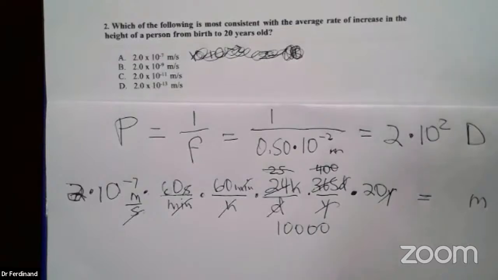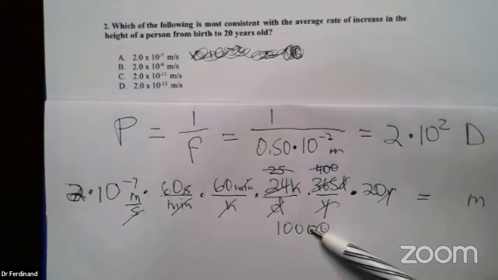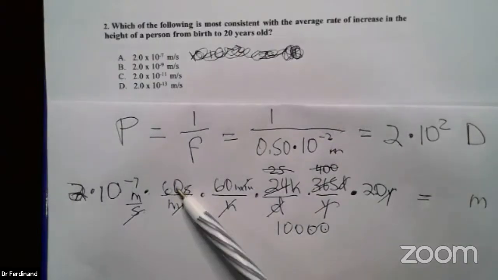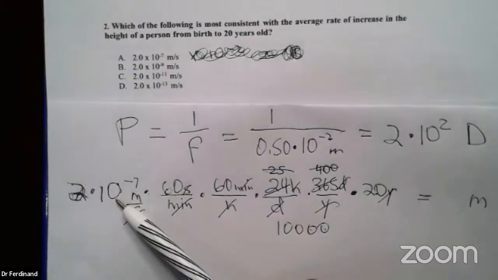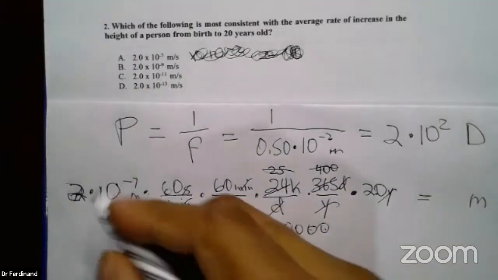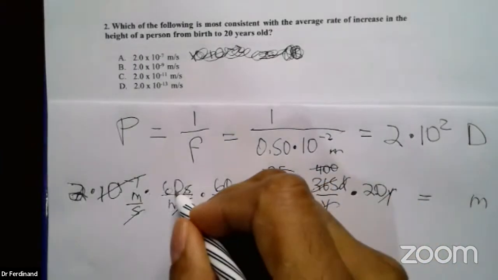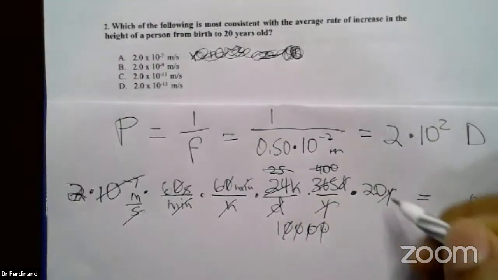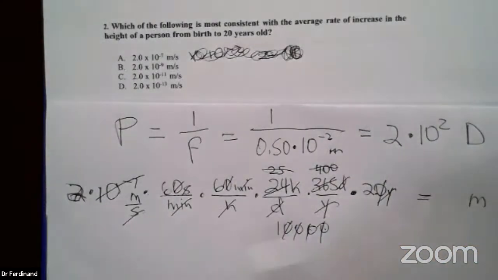Now let's see what we're left with: zeros. I have 1, 2, 3, 4, 5, 6, 7 zeros, and here I have 10 to the minus 7. So these 7 zeros get rid of 10 to the minus 7. All the zeros are gone.